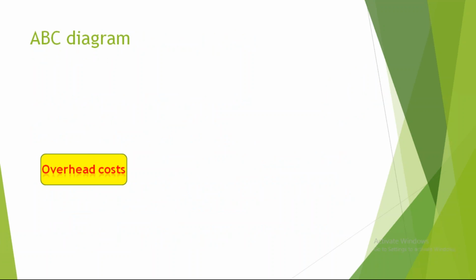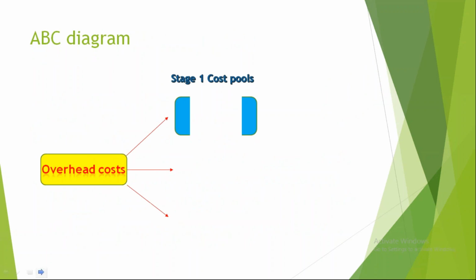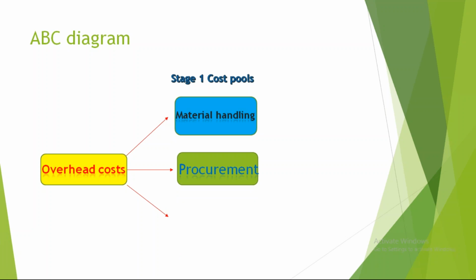So basically in the ABC diagram, we have the overhead cost, the material handling, that is one of the cost pools. Then we have procurement, one of the cost pools. Then we have setup, right? So like that, this overhead cost can be split into many cost pools.